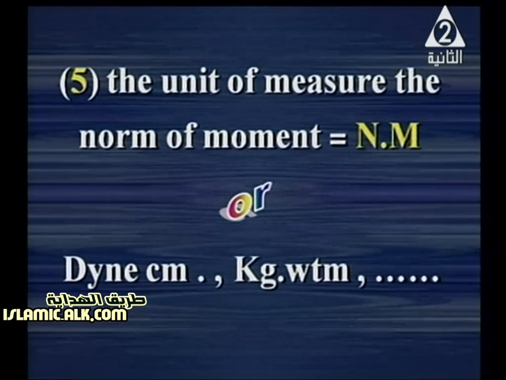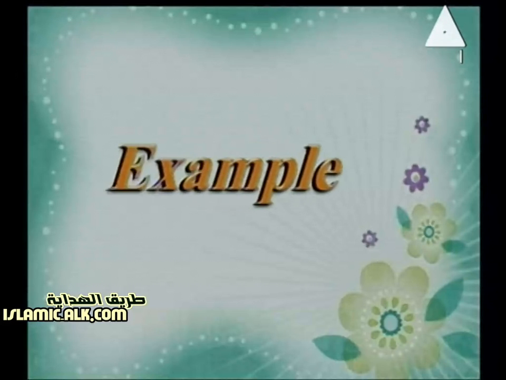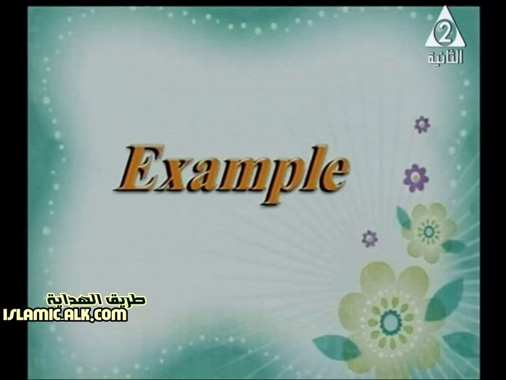You remember there is a relation between Newton and dyne. Kilogram weight meter. We have more units to measure the norm of moment: Newton meter, dyne centimeter, kilogram weight meter. Now we translate to an example.